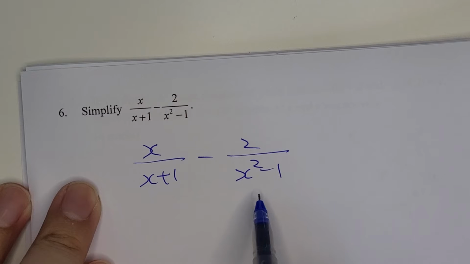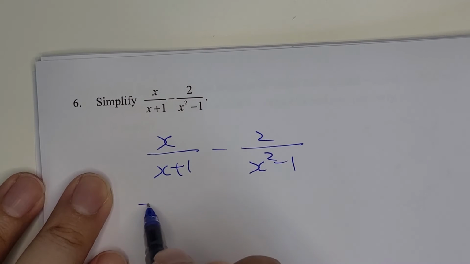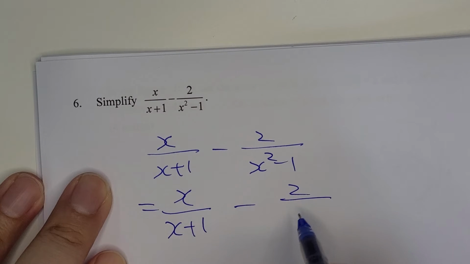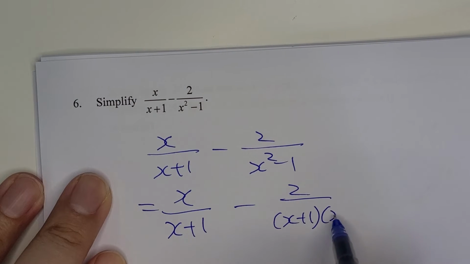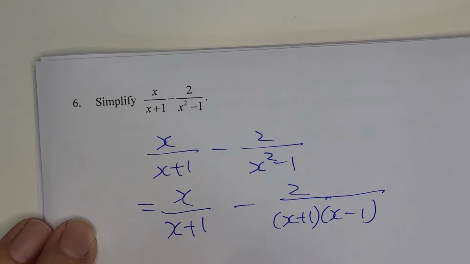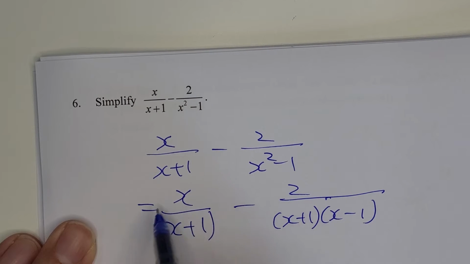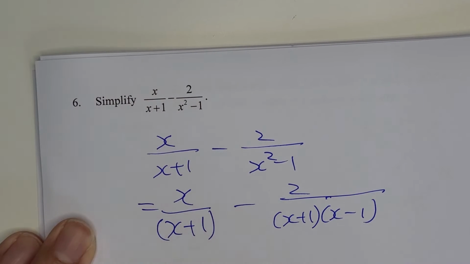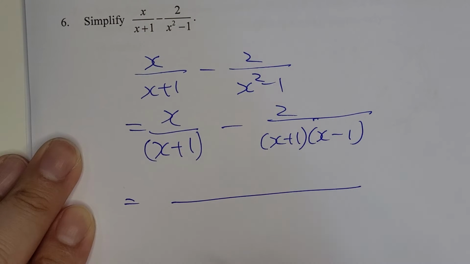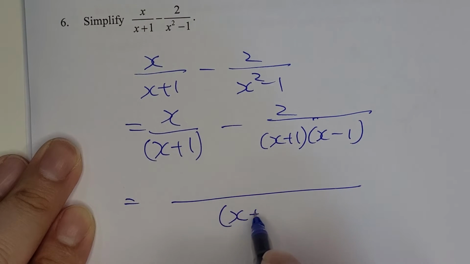The second denominator can be factorized, becomes x plus 1 times x minus 1. So you will find that the second denominator contains the first fraction's denominator. Therefore, when you are finding the LCM of these two denominators, it's just x plus 1 times x minus 1, okay? Do not just multiply them together.